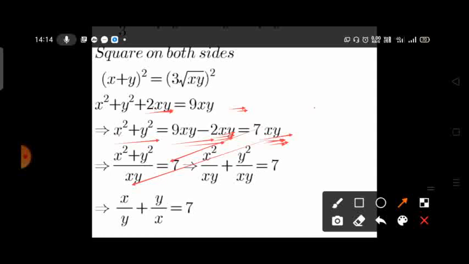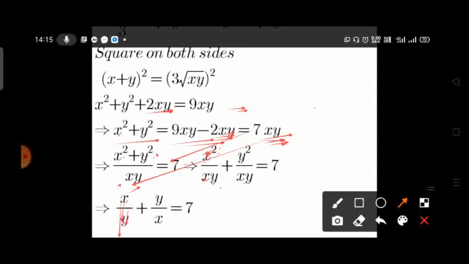See, x square by xy plus y square by xy. Here I have written xy separately for x square by xy and y square by xy. Here x and x cancel; there are 2 x's, x into x, in the numerator and 1 x in the denominator, so x by y remains.